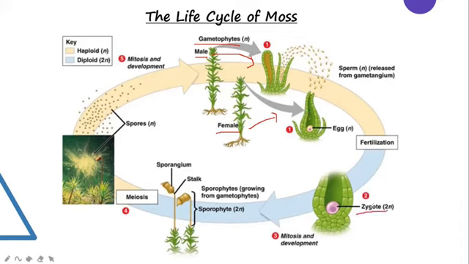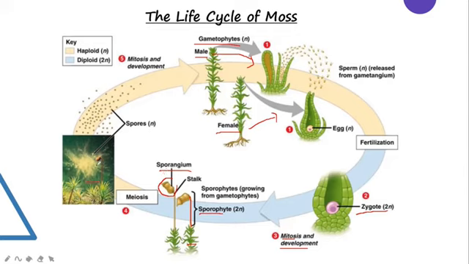This zygote will develop through mitosis and form a sporophyte. It has a stalk buried in the female gametophyte tissue, while the upper capsule we call the sporogonium. This sporogonium is where meiosis occurs and spores are produced, which is here.